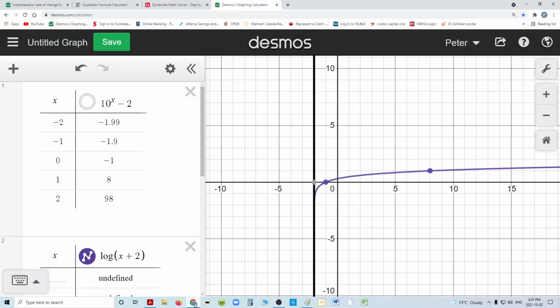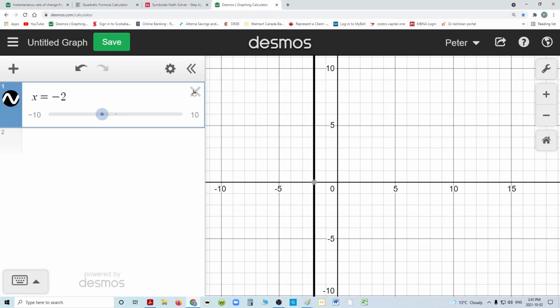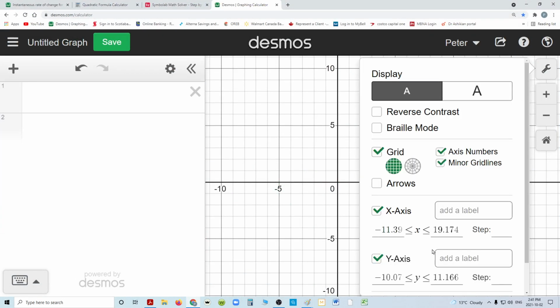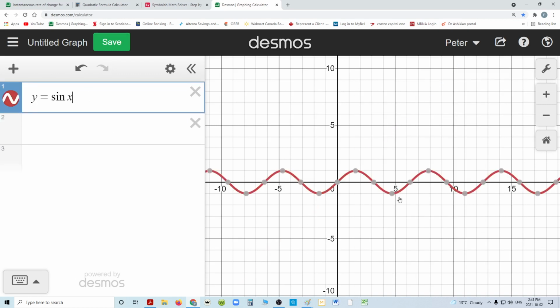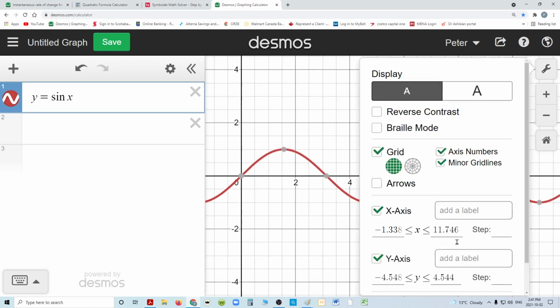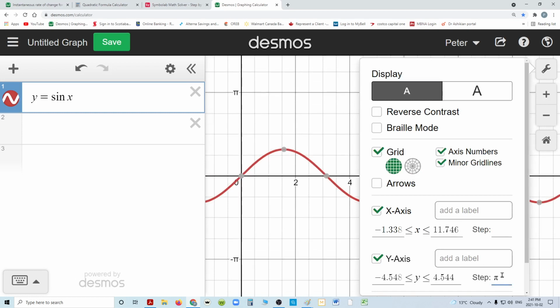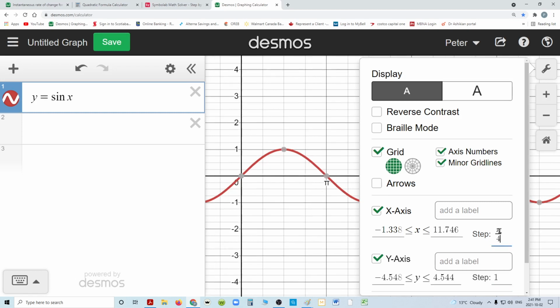Let's take Desmos as an example and show that this is true. First thing I want to do, though, is put it in radians. Second thing I want to do is put up a normal sine curve. And note that even though it's in radians, I should put it in steps of pi over 4, let's say.